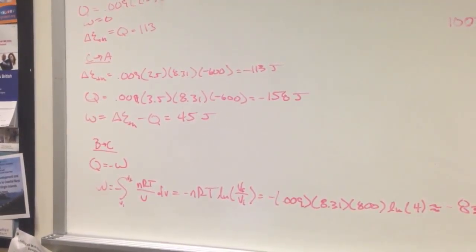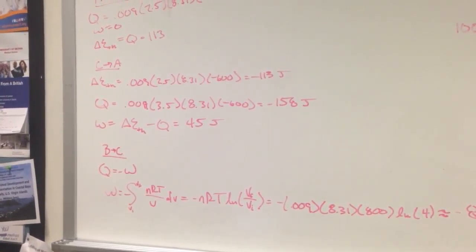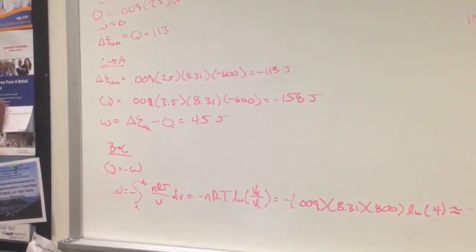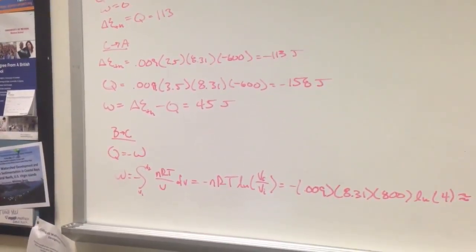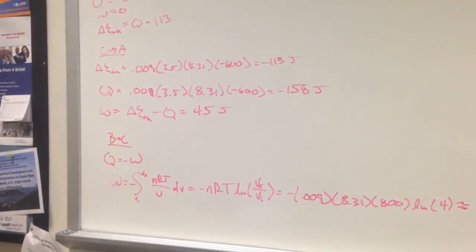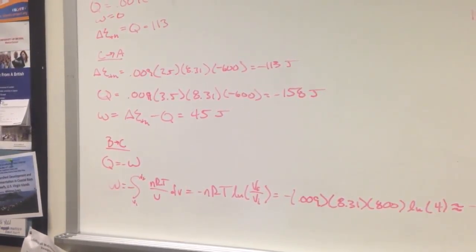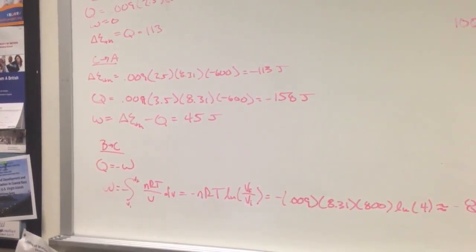And to do the algebra, we get negative 158 joules. Now, work is simply the change in thermal energy minus Q. And we took those two numbers, and that is equal to positive 45 joules.